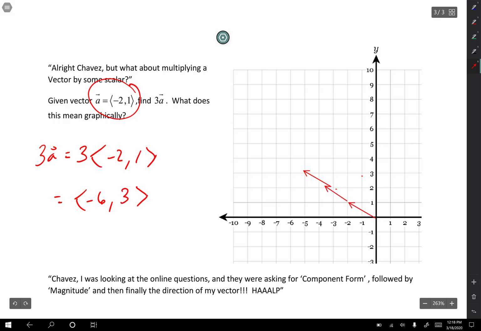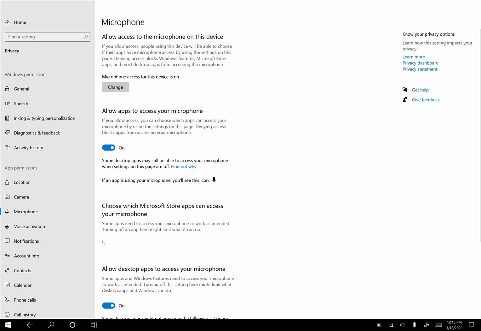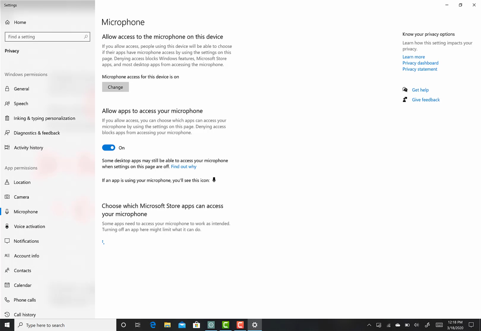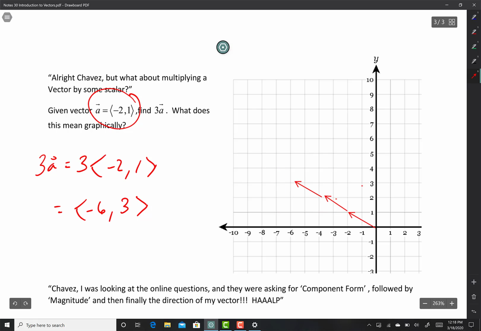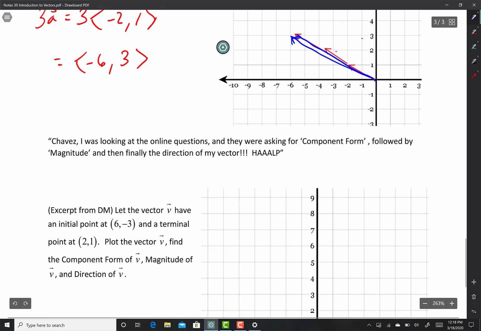Well, you can kind of see. No, you can't, right? Because I kind of messed it up. I didn't do a good job, guys, and my apologies, but you can kind of see that this vector is adding up to negative 6, 3. I wish I could have done it a lot cooler than that, but oh well.